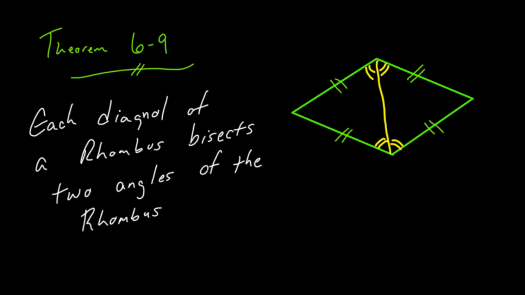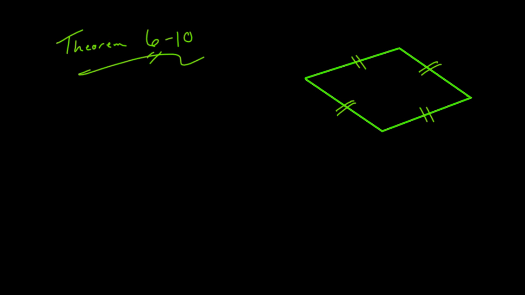So really all four of those angles are going to be congruent. And we also have another diagonal from the left to the right, and those angles we'll do with 4. Those two are congruent because they get bisected, and the other two angles that we marked with 4 are also congruent. So that's the first theorem.